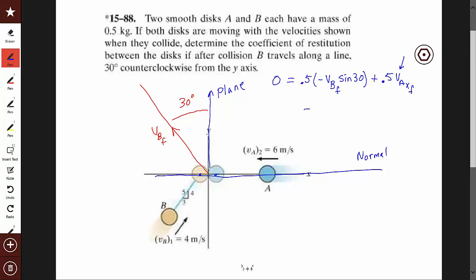And then I subtract off the initial momentum. So this is the final momentum. I'll put parentheses around there. There's the final momentum minus the initial momentum. The initial momentum is mass of B times the initial horizontal velocity of B, which is going to be 3/5 times 4, and it's in the positive x direction.